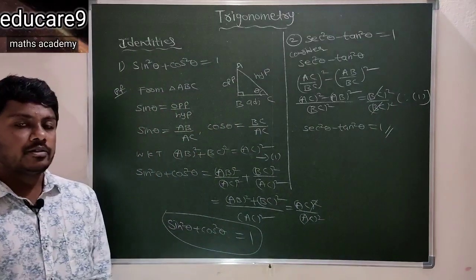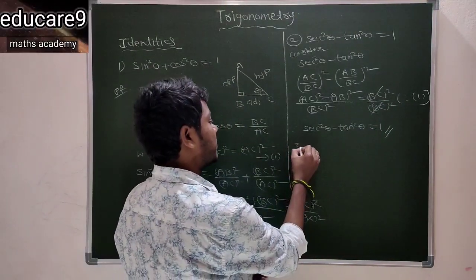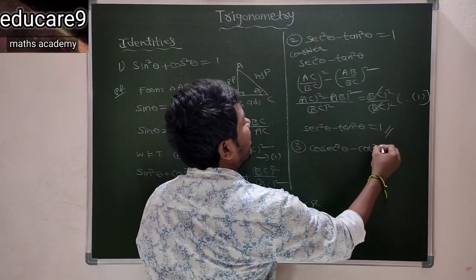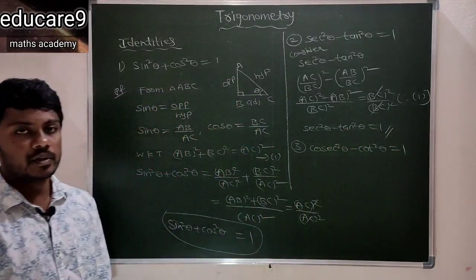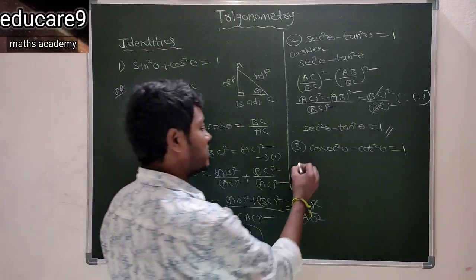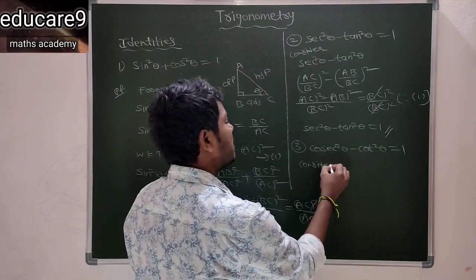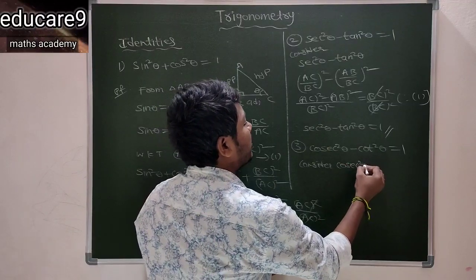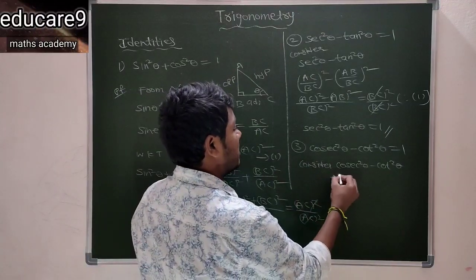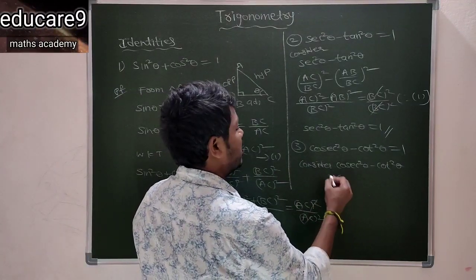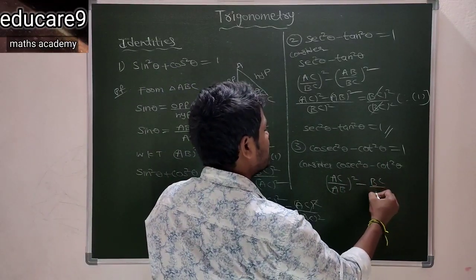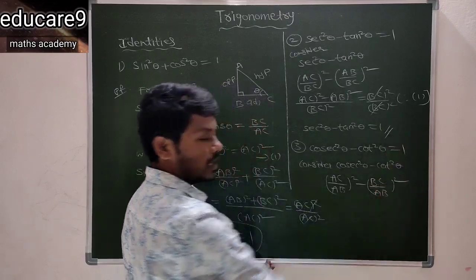Okay. So next third identity. Cosec square theta minus cot square theta is equals to 1. Okay. So you know the cosec theta value, that is hypotenuse by opposite side. So here consider cosec square theta minus cot square theta. So what is that? AC by AB whole square minus cot square theta, that is BC by AB whole square.